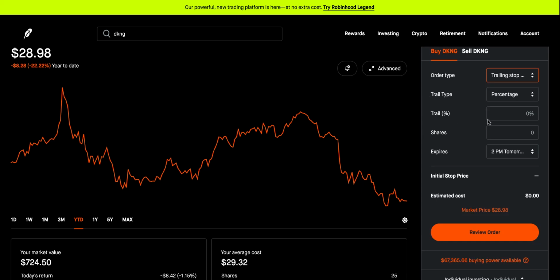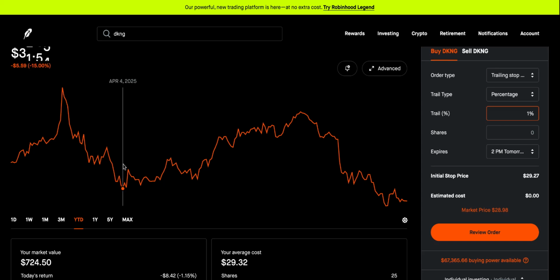So the trailing stop loss, you can put a trail type, so you can put a dollar amount. I use a percentage amount. That's just how I do it. But basically, what you would do is, let's just say again, you bought down here at 31.67. You would set a 1% initial stop price.